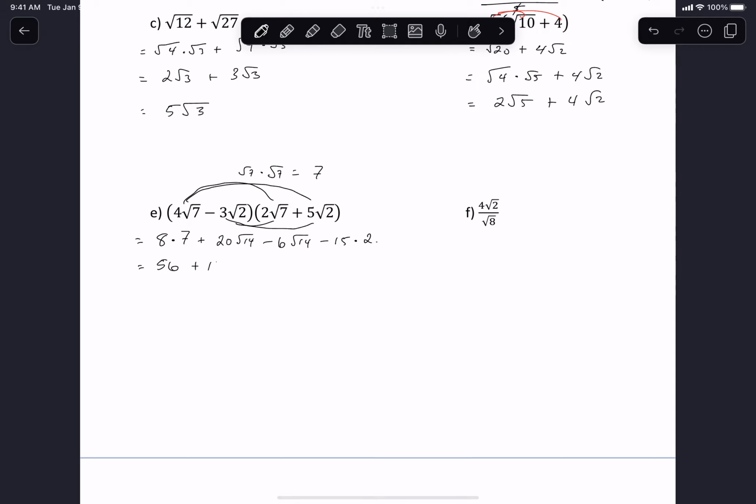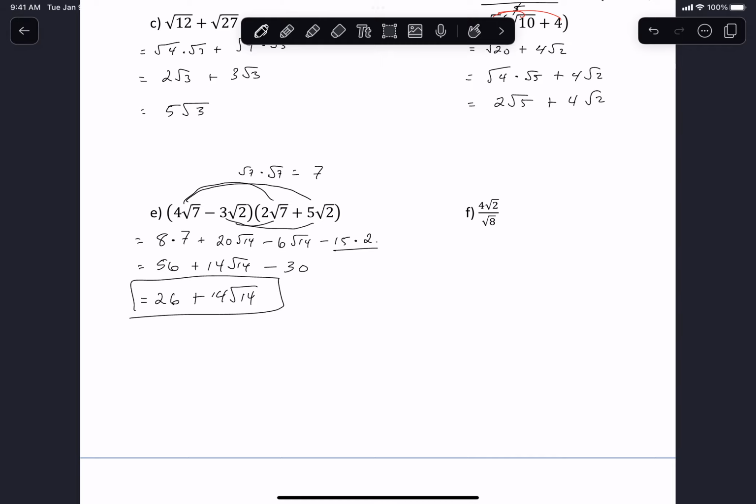That's going to be plus 14 root 14, and then minus 30 from the end. If I clean up the like terms, I'm going to get 26 plus 14 root 14. And I don't think there's anything to be done there because I can't simplify the square root of 14. This is our answer, I think.